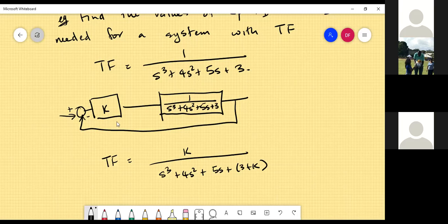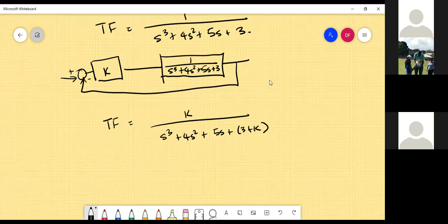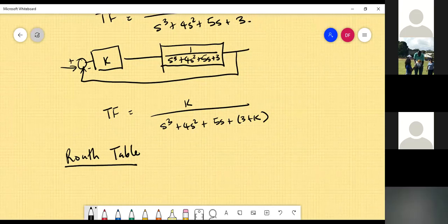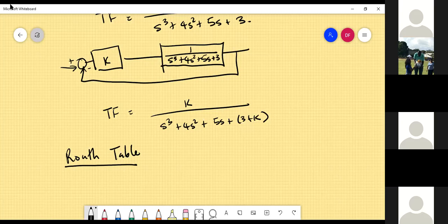Anybody remember how the Routh table goes? Say yes. Which table, sir? Writing it down. A long time that. No, sir, we don't remember that. Yes, but you did do it last year.